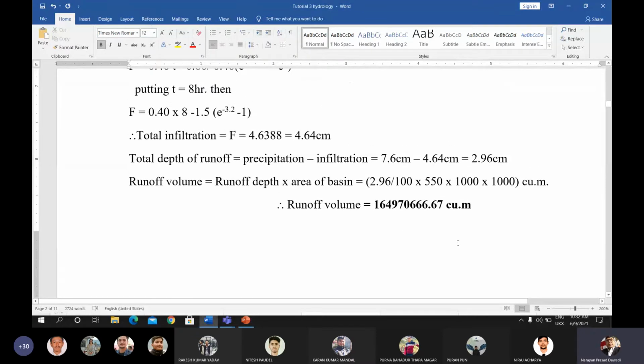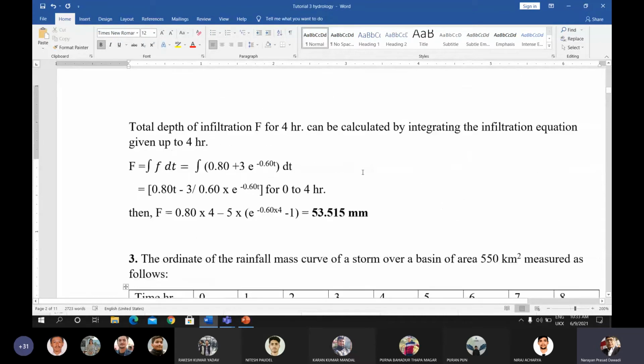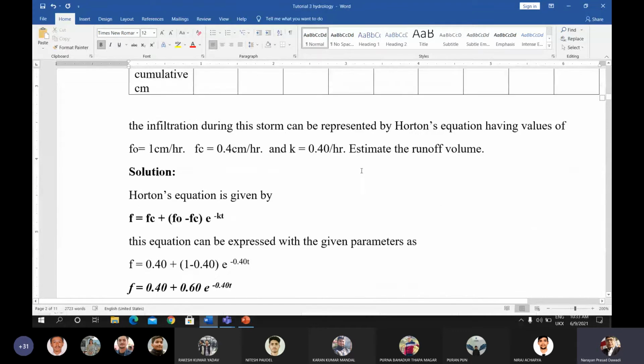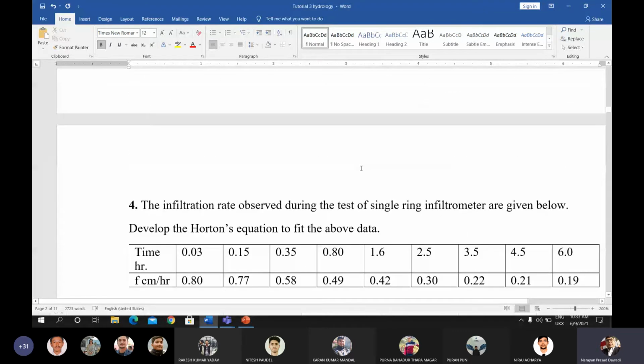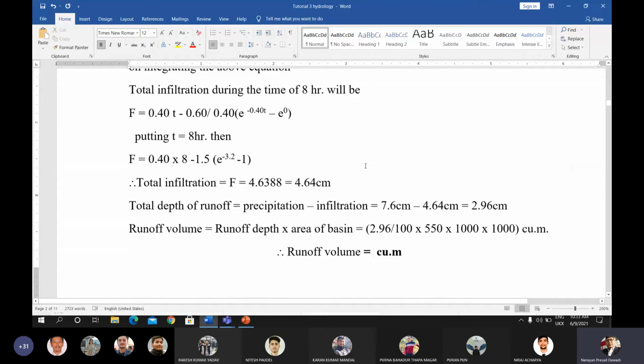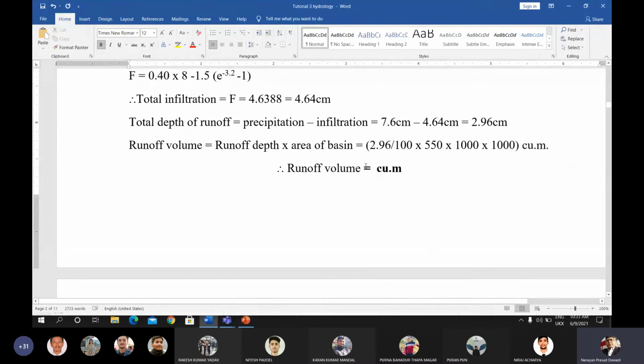This will be 2.96 into 550 into 1000 into 1000, divided by 100, which is 2.96 divided by 100 into 550 square kilometer. And 550 into 1 is 162, 68,000.